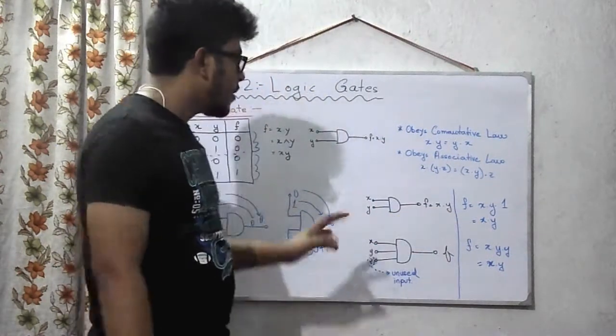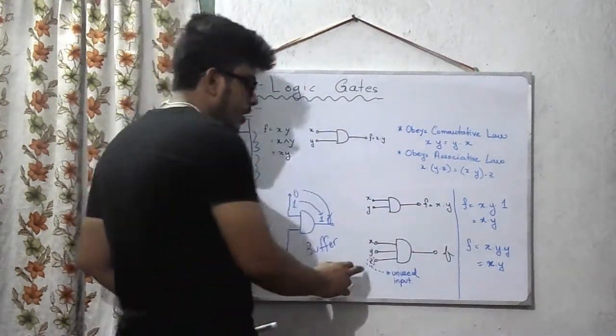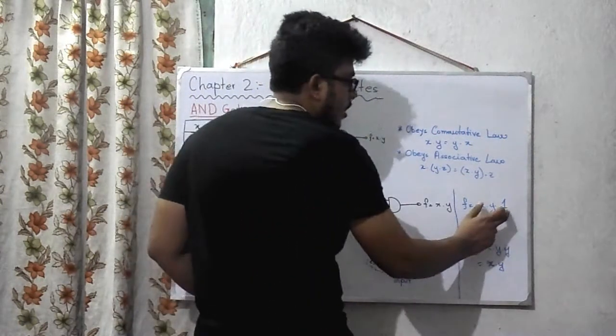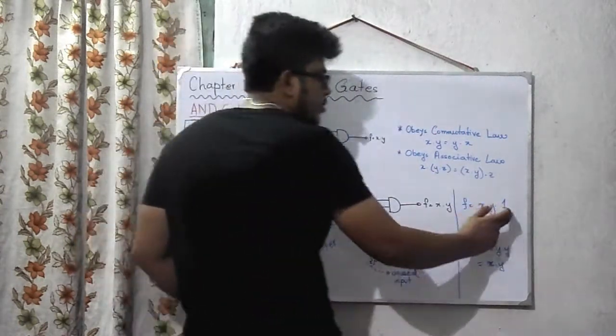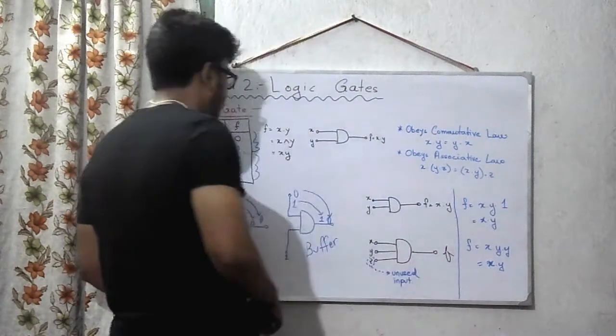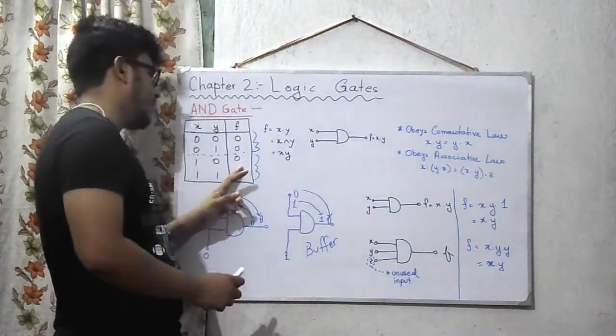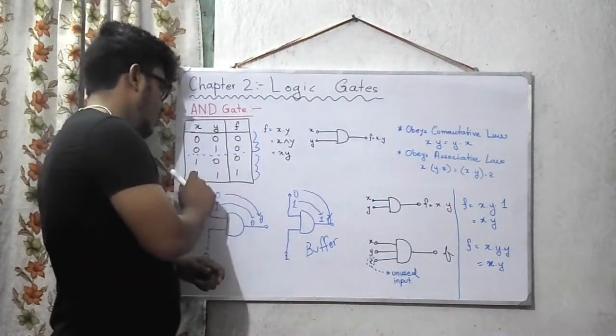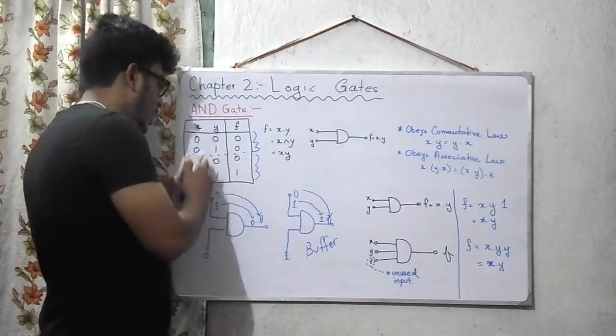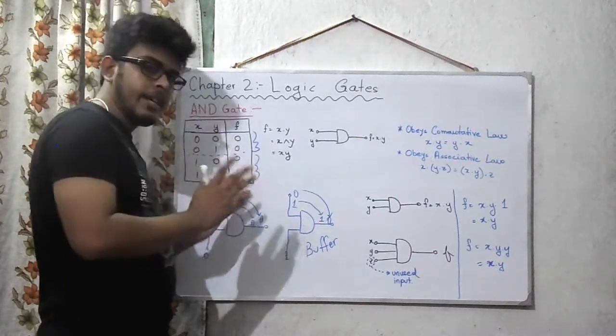Now there are basically two approaches. If I make z equal to 1, that means 1 dot anything is that thing itself. 1 dot 0 is 0, 1 dot 1 is 1. So if you AND anything with 1, you are going to get that thing itself.